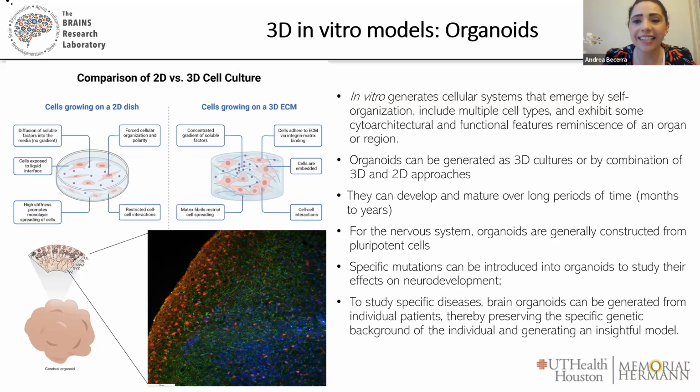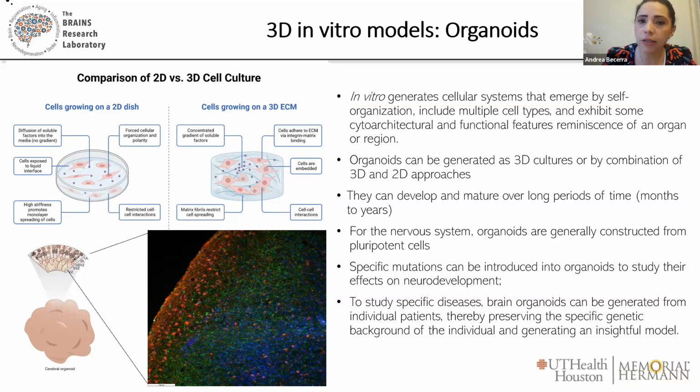An organoid is defined as a cellular system that emerges by self-organization, meaning that pluripotent stem cells or induced pluripotent stem cells have the morphogenetic information in their genome, so the cells in a matrix are able to organize by themselves, giving a tissue organization depending on the growth factors that we induce.